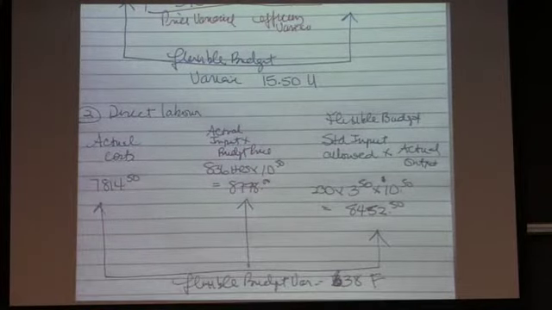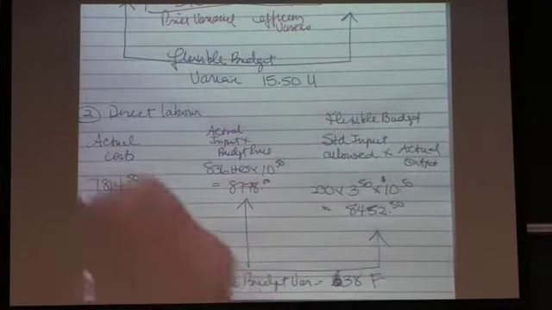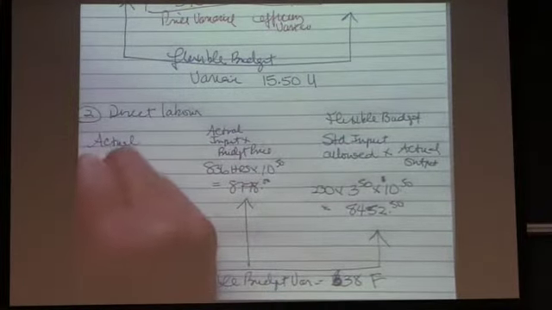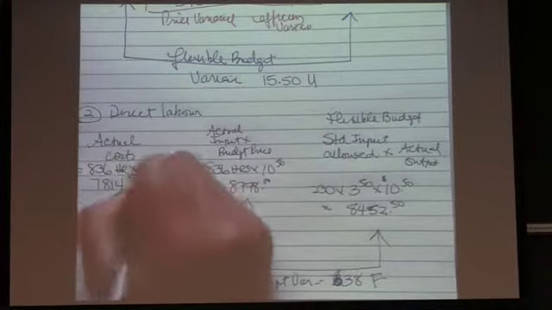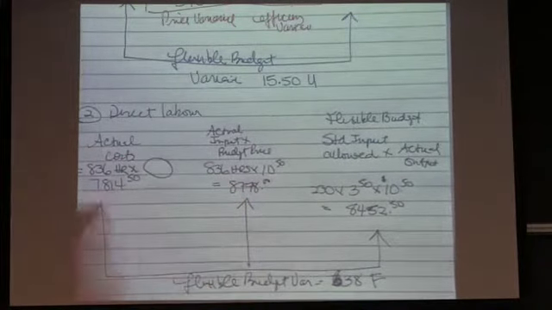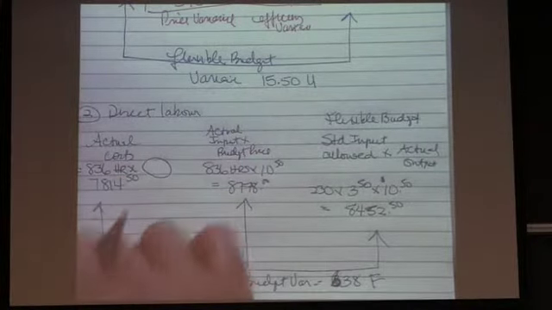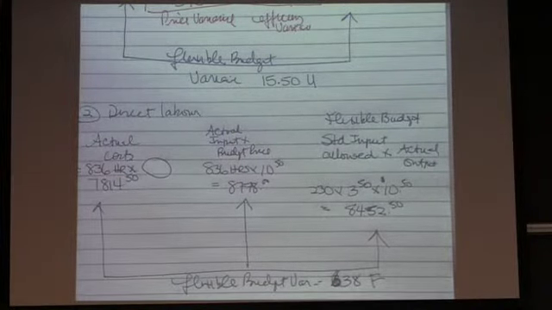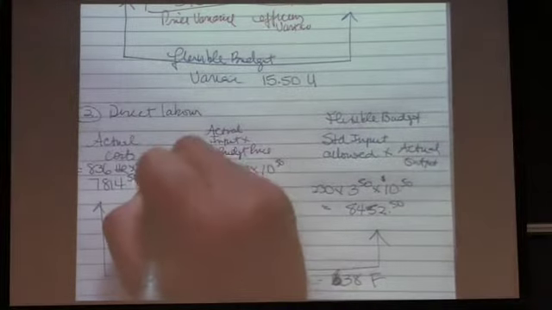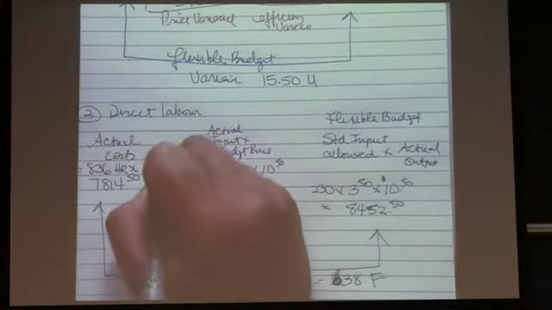Now again, we don't know what the rate was, but we can figure it out, couldn't we? By taking 836 hours times the rate to give me the 7814, because this is the actual cost. So we need to know what was the real rate that we paid our employees. $9.35.